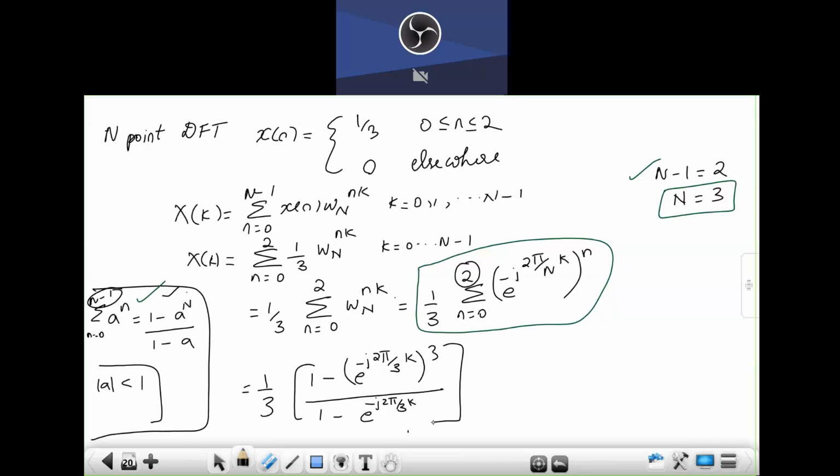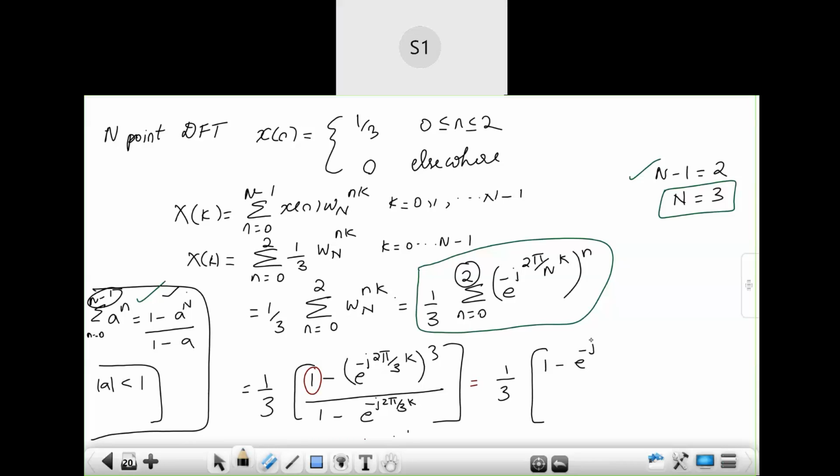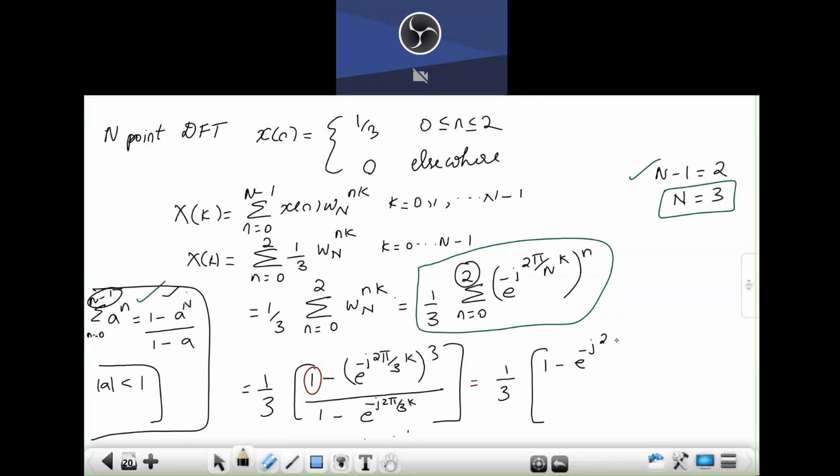Yes, ma'am. One hint I will give you: try to replace this one with the exponential term. If you take one exponential term constant outside, this can happen. First, let me write the further simplified version of this. You can make that 1 as e power 0, ma'am. Yeah, so rather than e power 0, you try to replace, keep these terms.